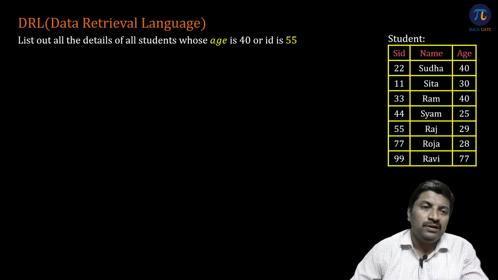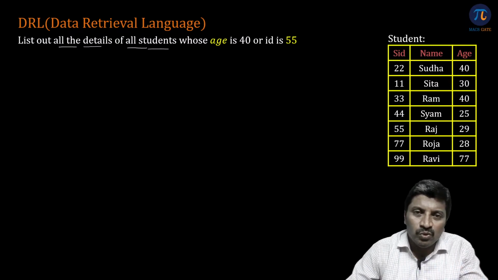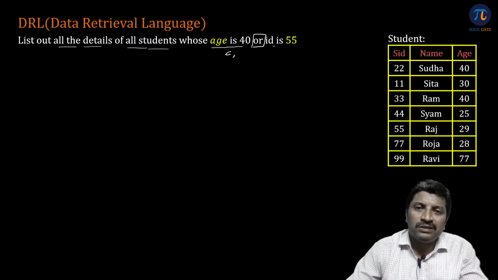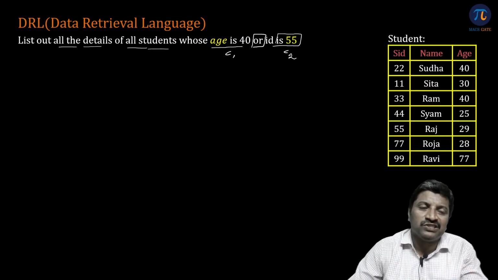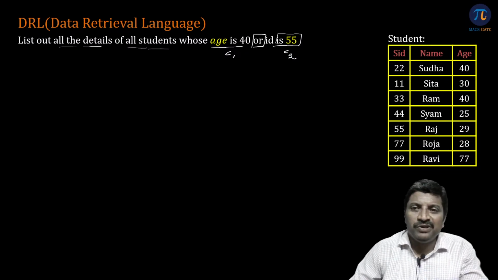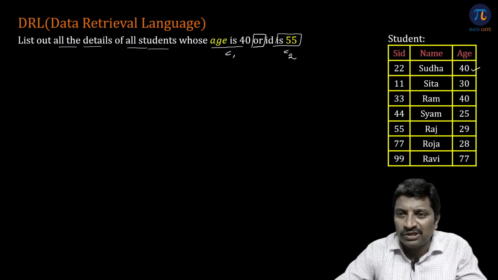The next one. List out all the details of all the students whose age is 40, C1, that is condition 1, or the second condition is 55. Either the first condition is true or the second condition is true. That means if the first condition is true, sir, it will be displayed.